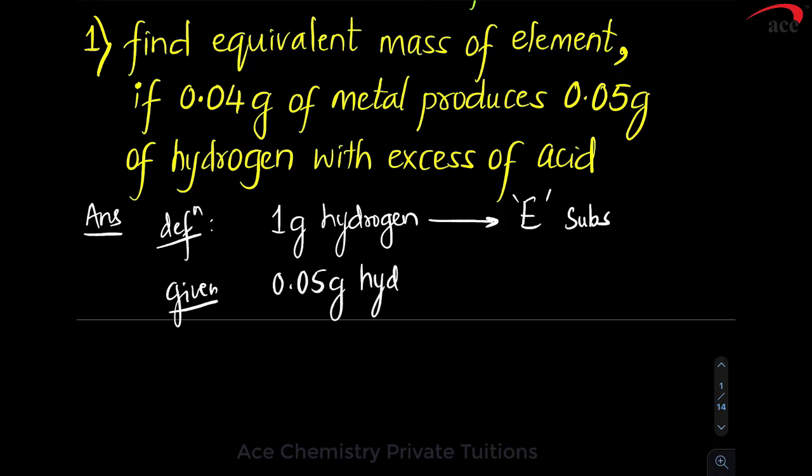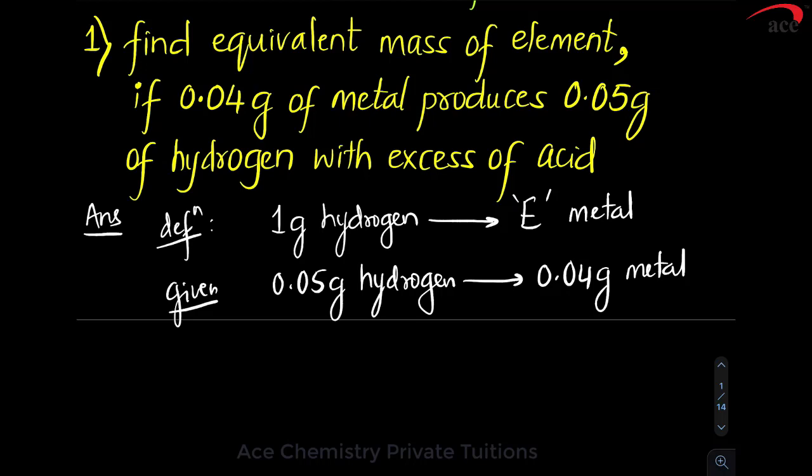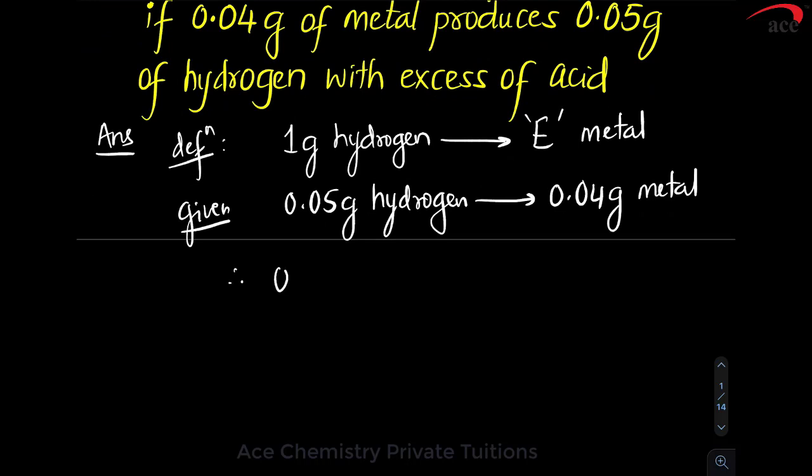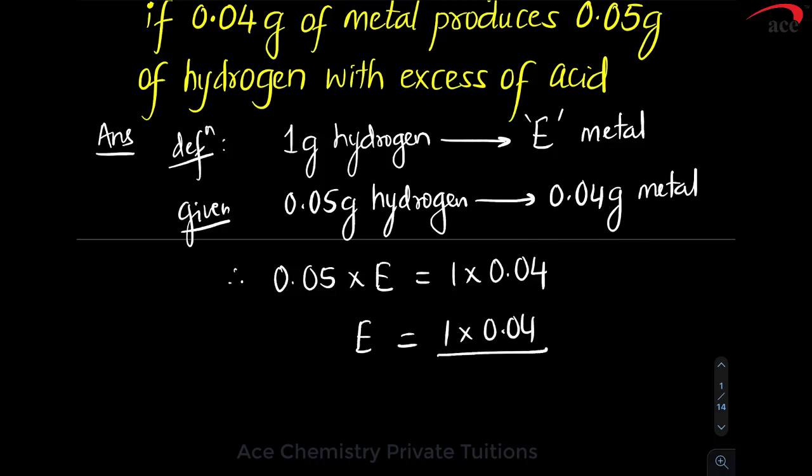Given is 0.05 gram of hydrogen corresponds to 0.04 gram of metal. That is the substance under discussion, in this case the metal. Now, if you cross multiply, you will get the answer. So, 0.05 multiplied by E will be 1 multiplied by 0.04.